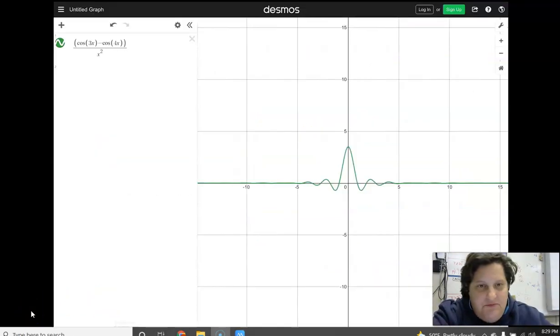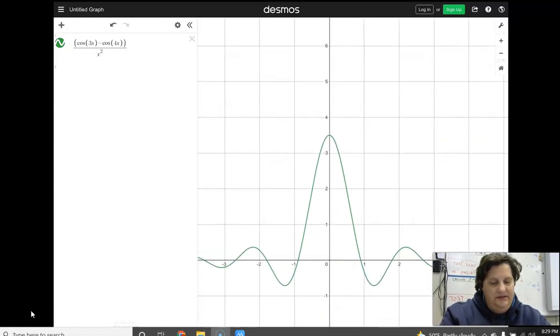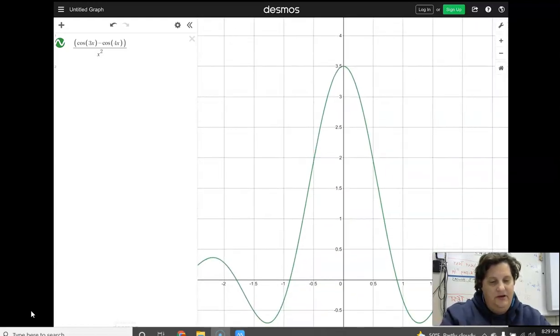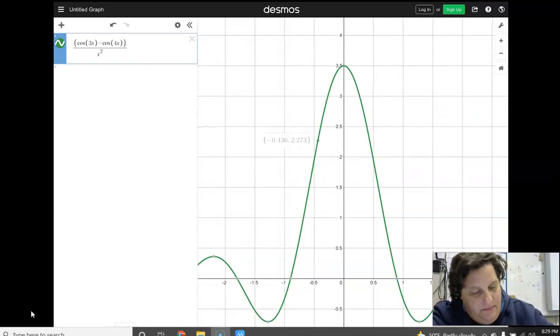All right, this is pretty cool. Okay, this is the graph of cosine 3x minus cosine 4x over x squared. And what it's saying is, is it continuous right here? So it's asking if the limit equals the point.